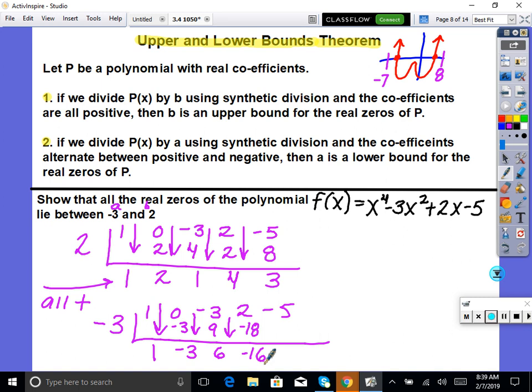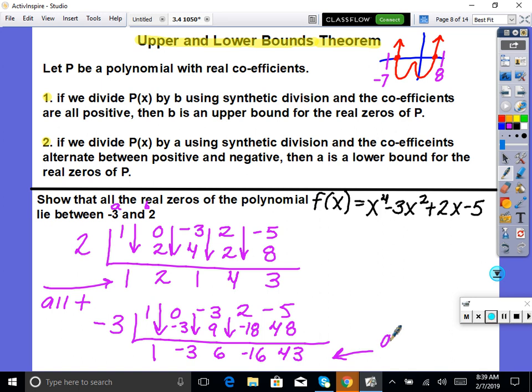Multiply up. 48, positive. Add straight down and we get 43. Okay, let's check. Is it bouncing between positive, negative, positive, negative, positive? Yes. So then it would be considered a lower bound.